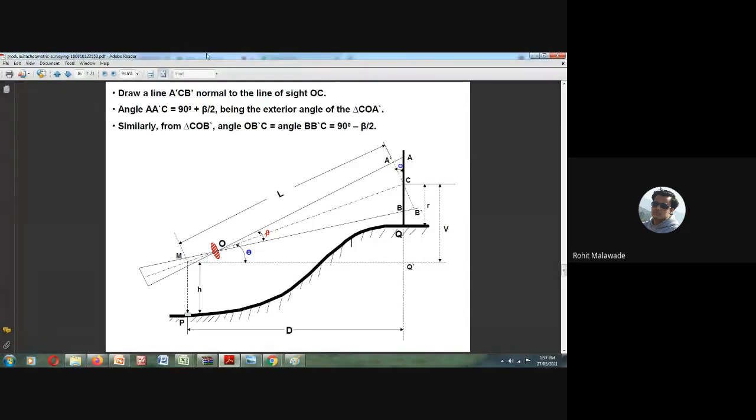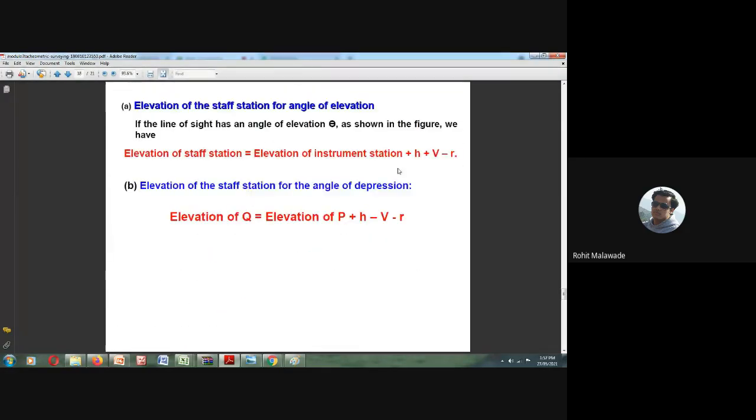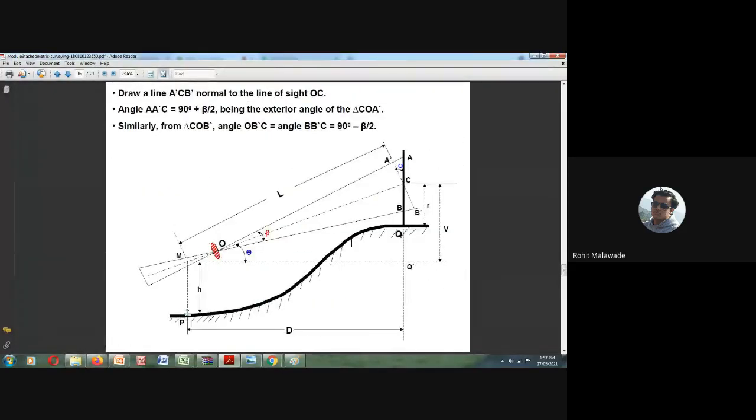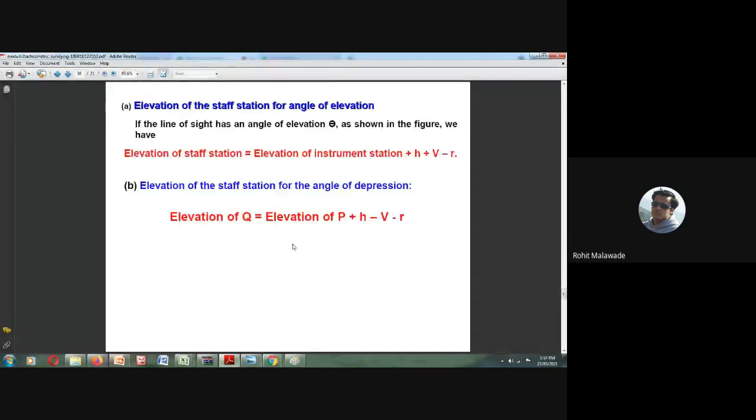If we want this height q, we will be using the elevation of point p, plus we will have this h. The elevation at point p will be given to you, plus the height of the instrument you need to determine. So elevation of p plus h.